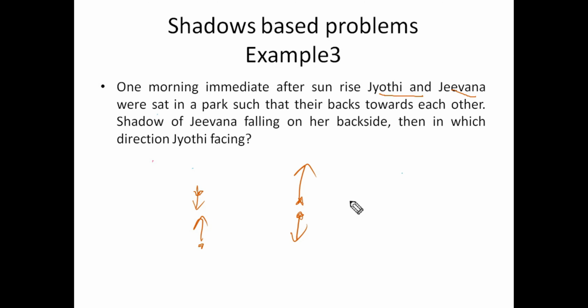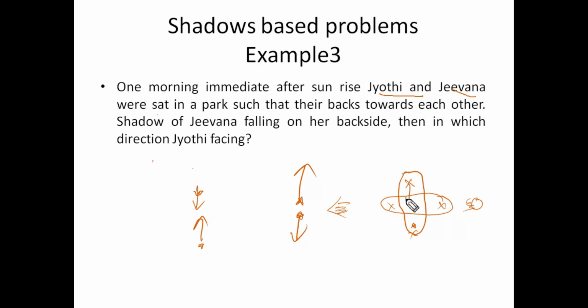In the previous question, I have one more doubt. Sir, we have considered the sun here and the shadow here, and why do we have to take the persons in this way only? Why don't we use this pair?